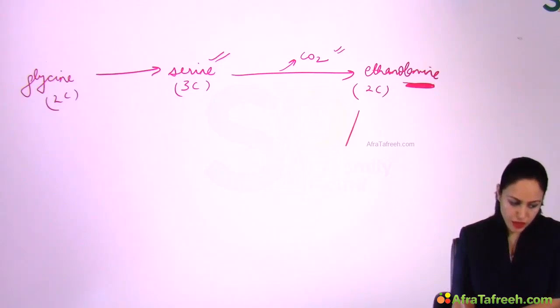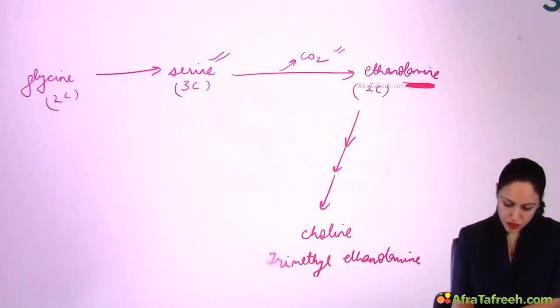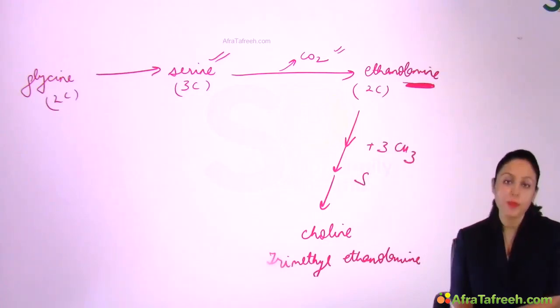Now ethanolamine will be converted to choline. Choline is nothing but trimethyl-ethanolamine, that is, 3 methyl groups are added with the help of SAM, S-adenosylmethionine.